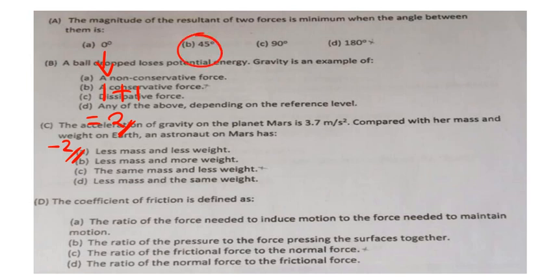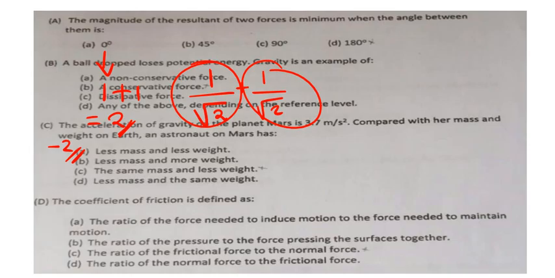Now what about cos 45? You know that from your trigonometry, cos 45 is equal to 1 over root 2, right? Now if I'm adding this to 1 over root 2, you know that 1 over root 2 is a very small number, but when you add them, they will still give us a number that is greater than a negative.